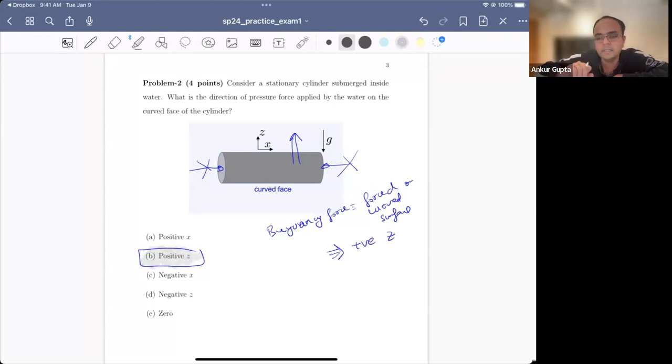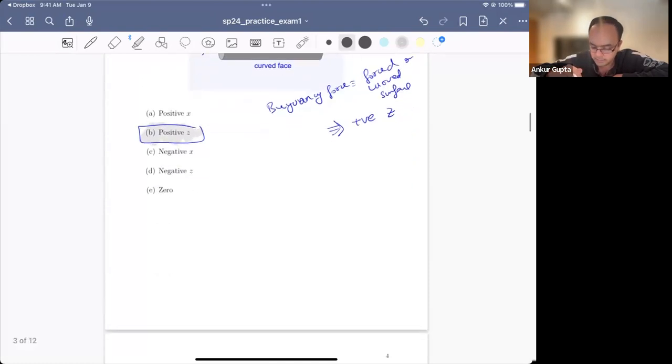It is not a vertical cylinder, which is what we did in the class, in which case the curved forces did cancel out, but in this case it's curved in this horizontal direction. So obviously there is net force positive up, because the pressure is higher on the lower part of the curved surface, so that there is net force upwards, as it should be for buoyancy force. So again, hopefully a clear reasoning and clear answer.